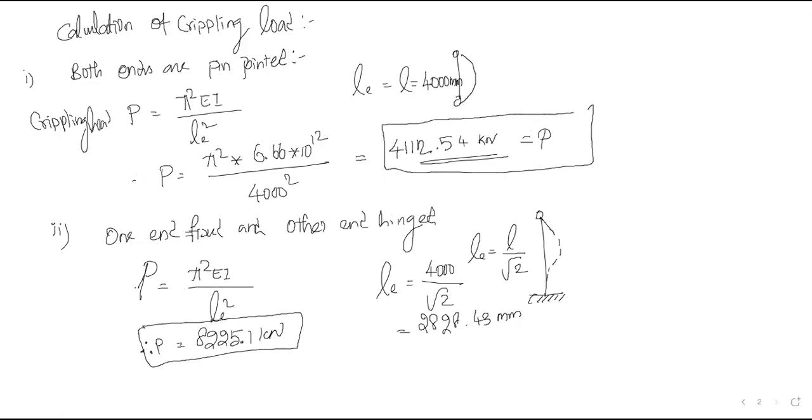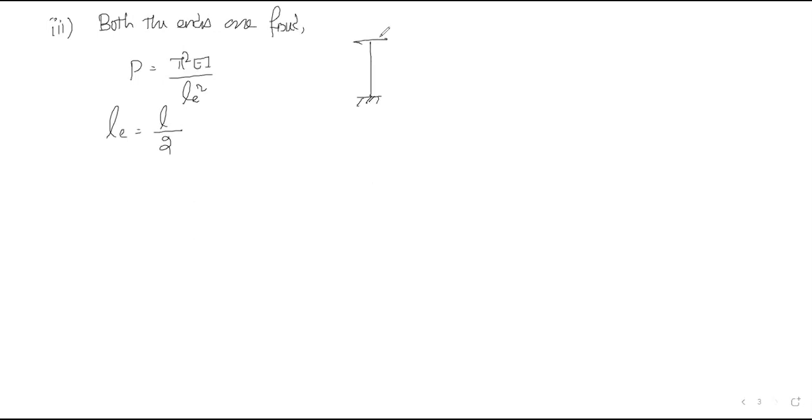And if both ends are fixed, then our value P is equal to pi squared EI by LE squared. Here LE is equal to L by 2, that is, when both the ends are fixed our effective length becomes L by 2, which is 2000 mm.